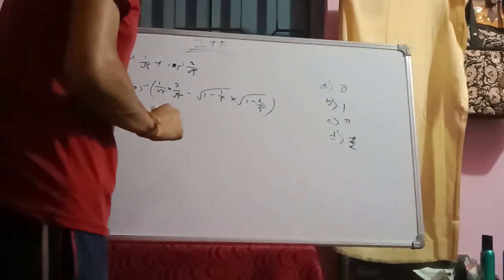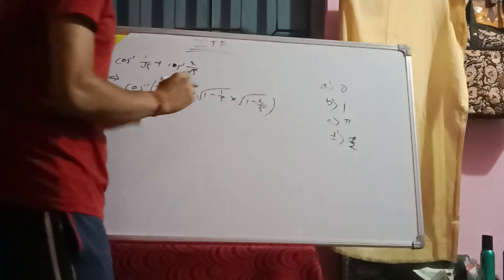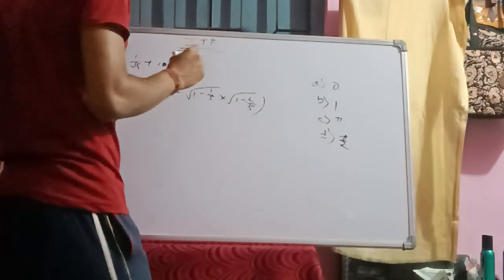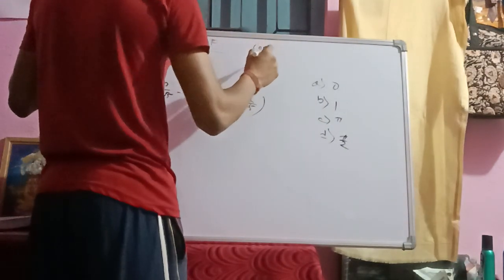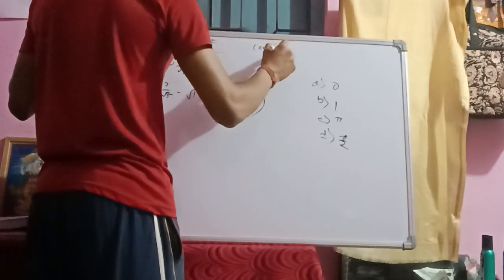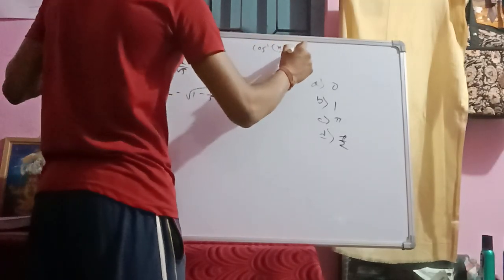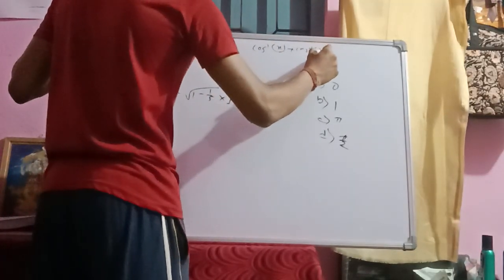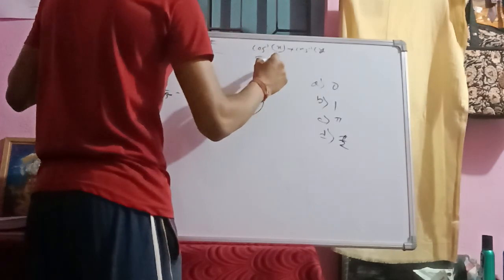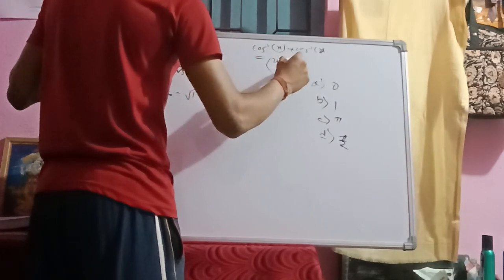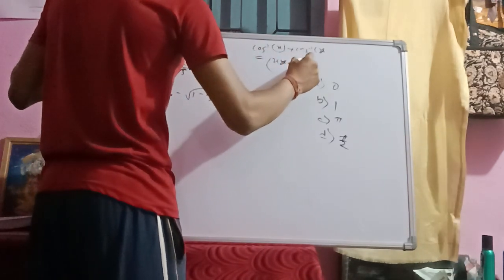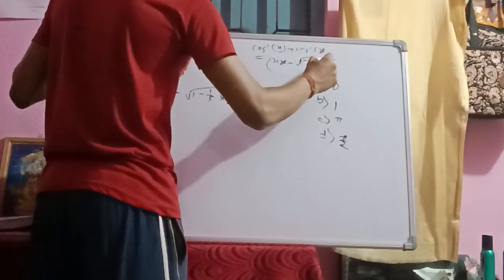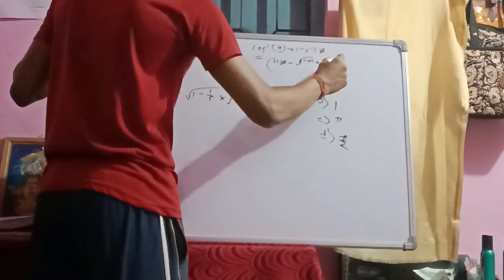If you guys are wondering where this came from, in the previous video I had already proven that cos inverse of x plus cos inverse of y is the same as xy minus root over 1 minus x square times root over 1 minus y square.